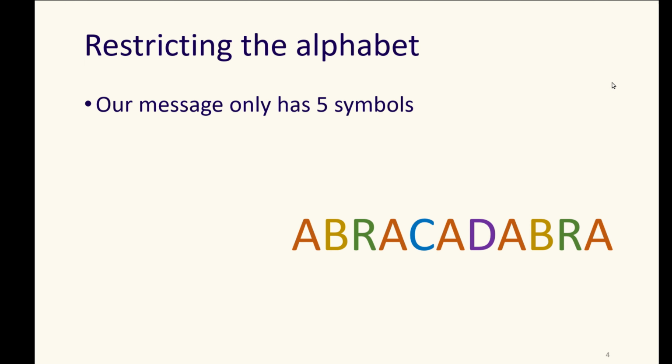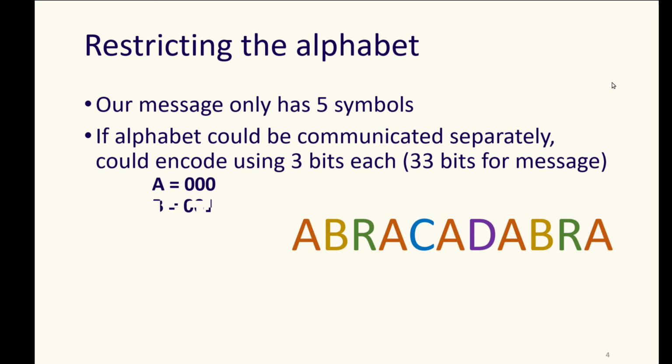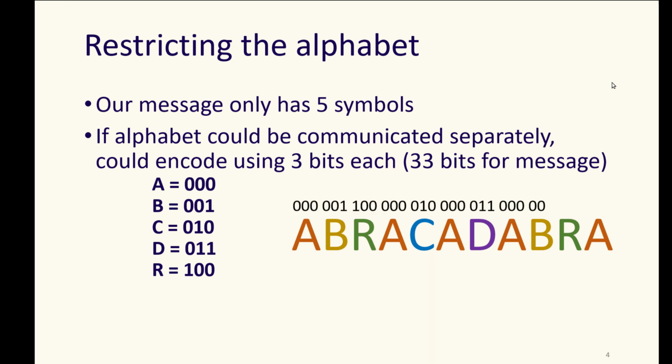So since it only has 5 total symbols in it, our alphabet could be communicated separately, sending A equals 000, B equals 001, and so on, and then we would only need to use 3 bits of data for each character in the message, reducing us down to 33 bits for the total message.